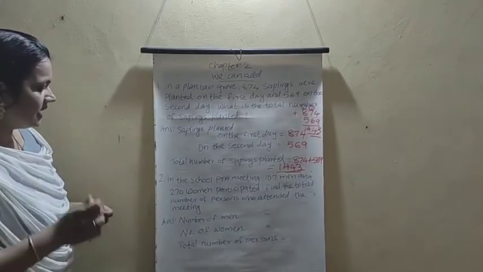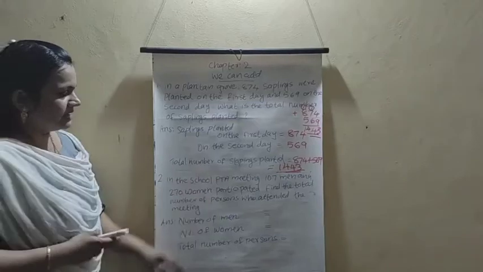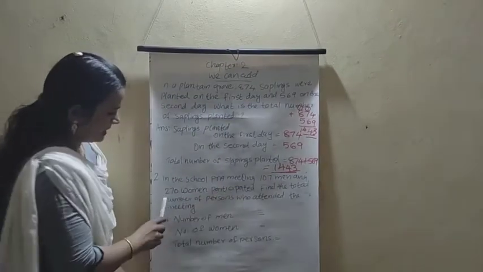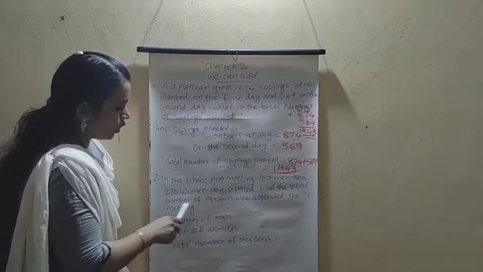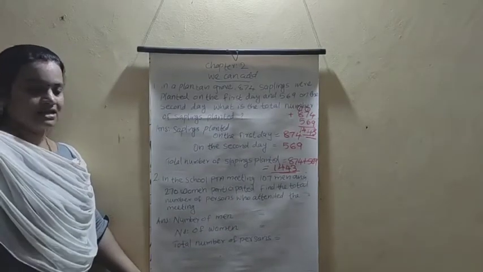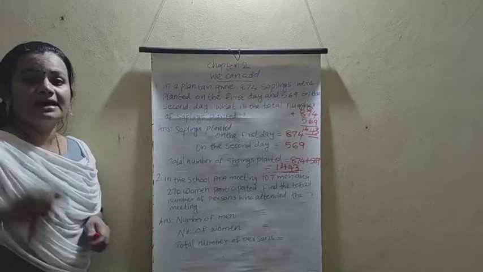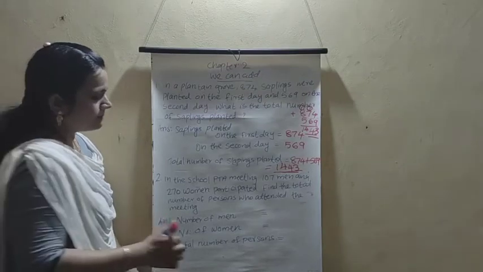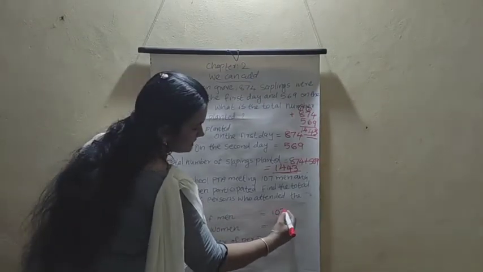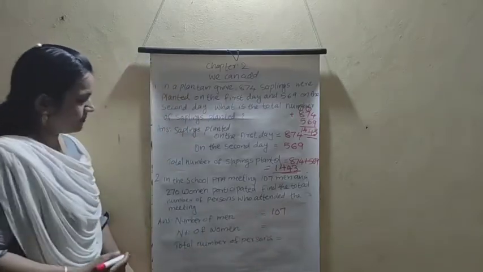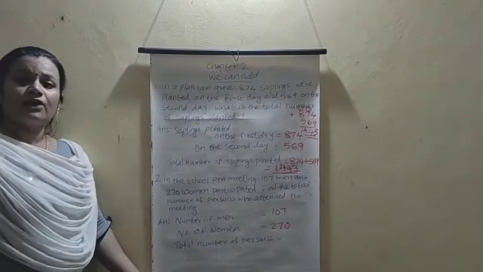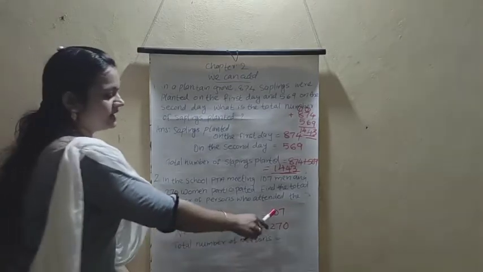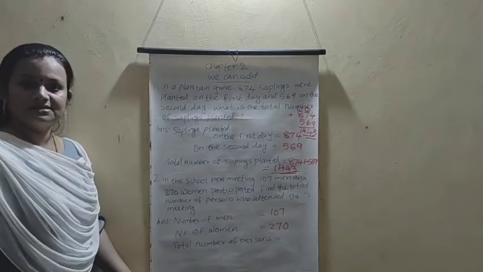They have already given the number of men and the number of women. The number of men is 107. The number of women is 270. Then to find the total number, we add these two numbers.